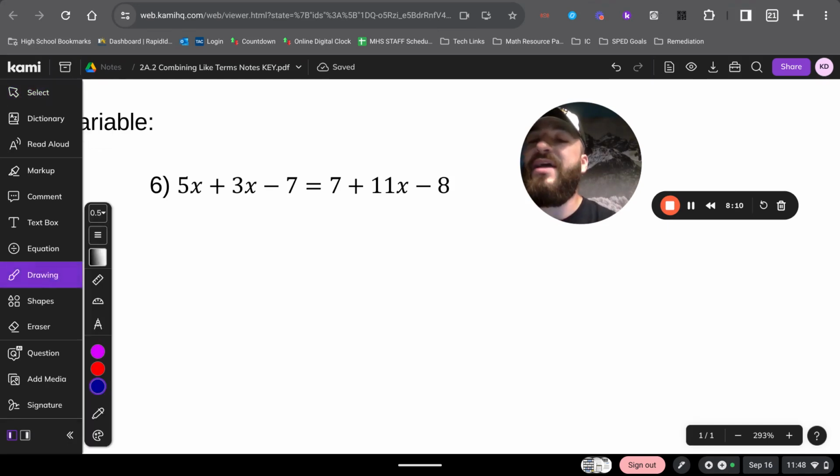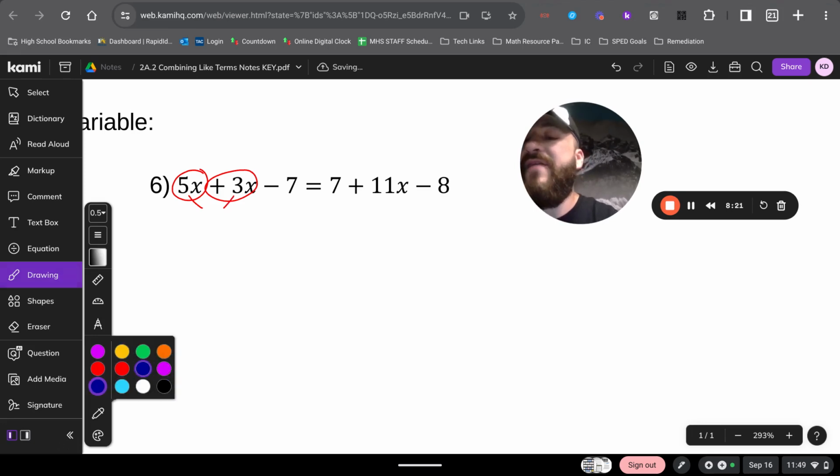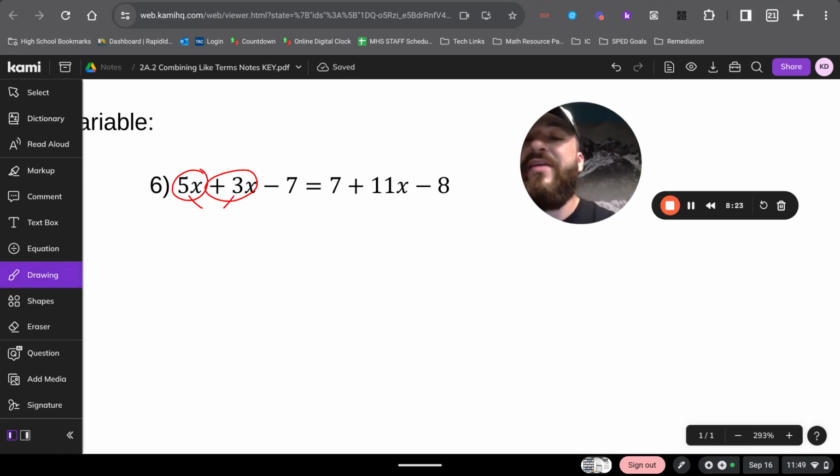So looking at the left side first, do I have anything else that is like my 5x? I do. I have my 3x. So I'm going to go ahead and combine 5x and 3x, and that would give me 8x. And then, of course, my minus 7 is equal to. So I've combined some like terms over on the left side.